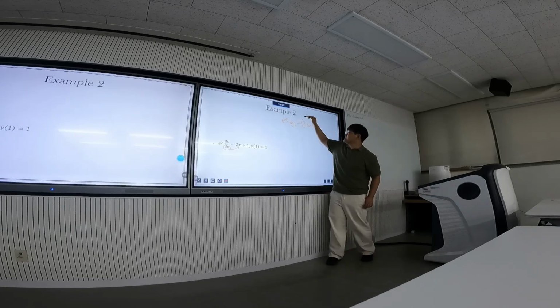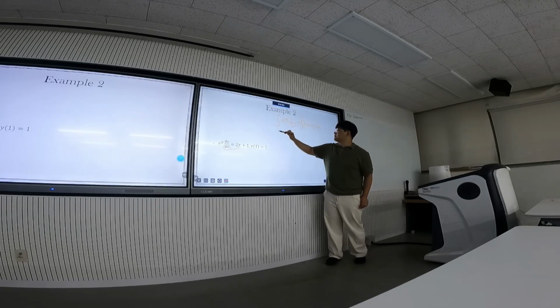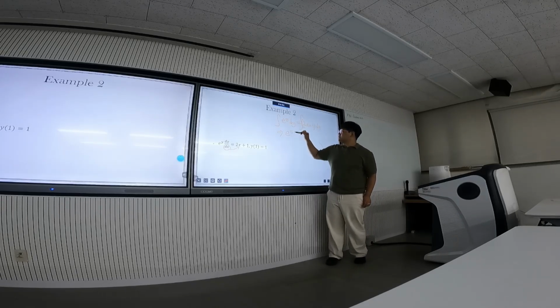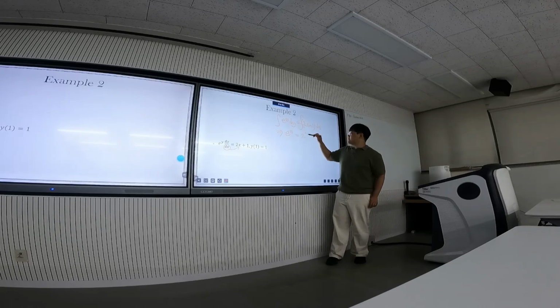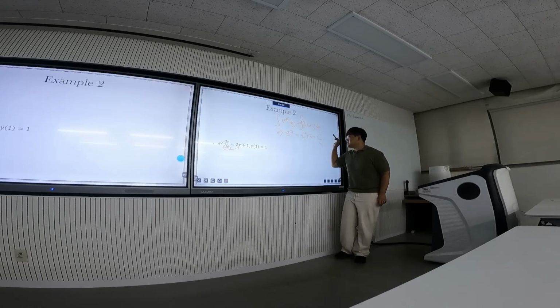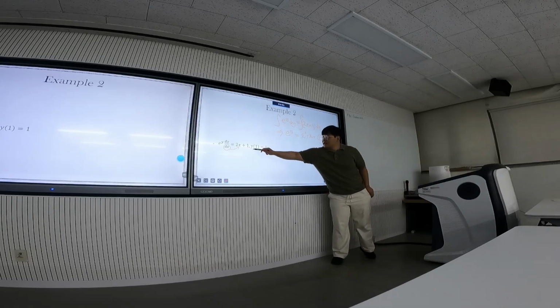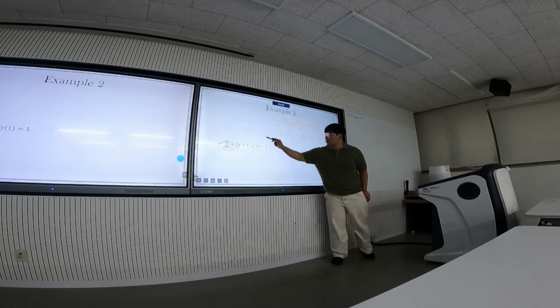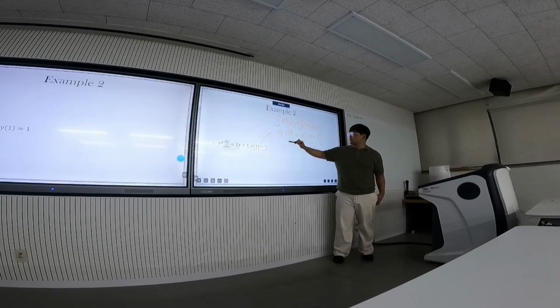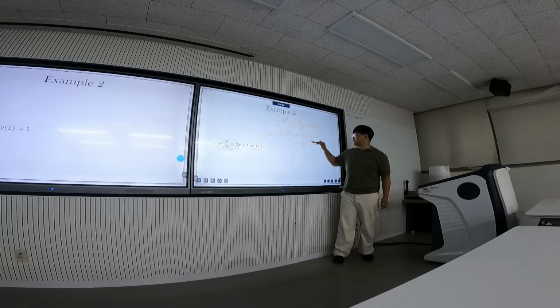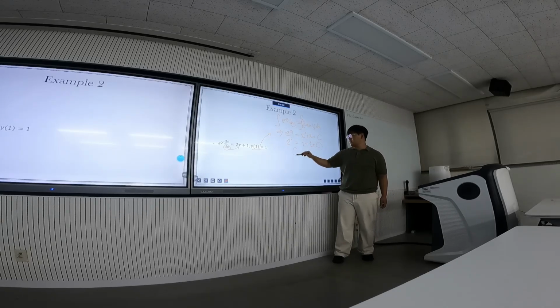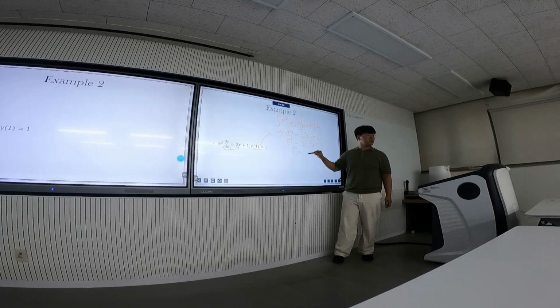And you can integrate. e to the y is x squared plus x plus c. Well, you could just put this initial value in and get the c. And e to the 1 equals 1 plus 1 plus c. Okay, so c is e minus 2.